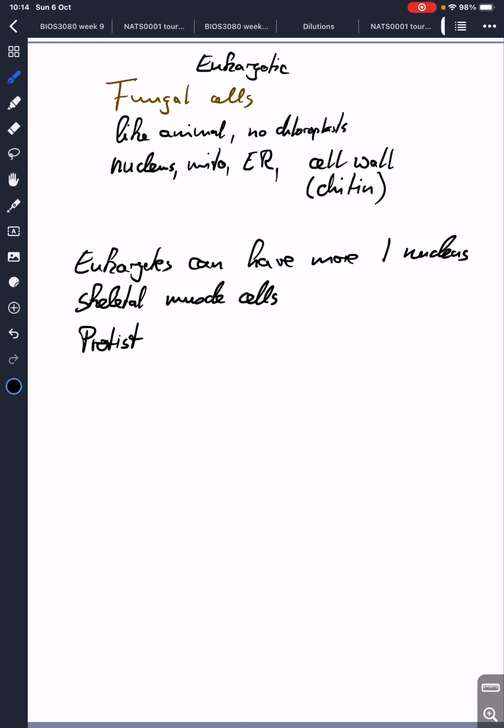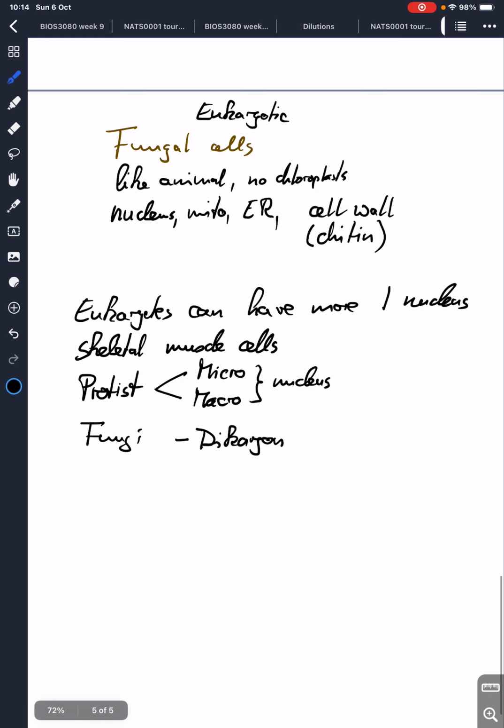They are just a single cell, not a whole complex organism, and they very often have a micro and a macronucleus. And they have different functions, and very often in special fungi, we also see that they have two nuclei, which is referred to as a dikaryon, because they have two nuclei in there.